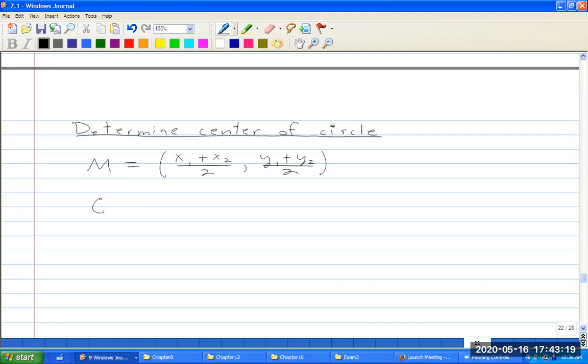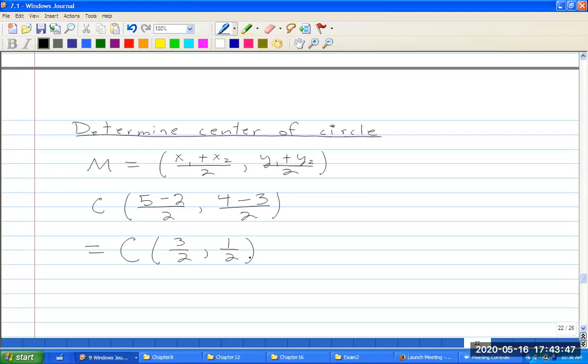So my center will be 5 plus a negative 2 over 2, 4 minus 3 over 2. And so my center is located at the point 3/2, 1/2.